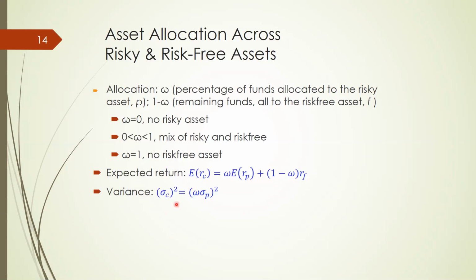The variance of the combined portfolio, sigma c squared, is equal to omega sigma p, the whole thing squared. If you look at standard deviation, the combined portfolio standard deviation is a weighted average of the standard deviation of the two assets. Keep in mind that the risk-free asset has 0 standard deviation, therefore the second part of the equation is dropped. We only have omega times sigma p to be sigma c.